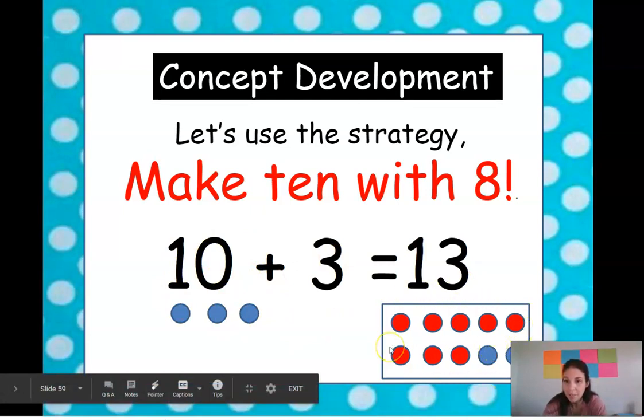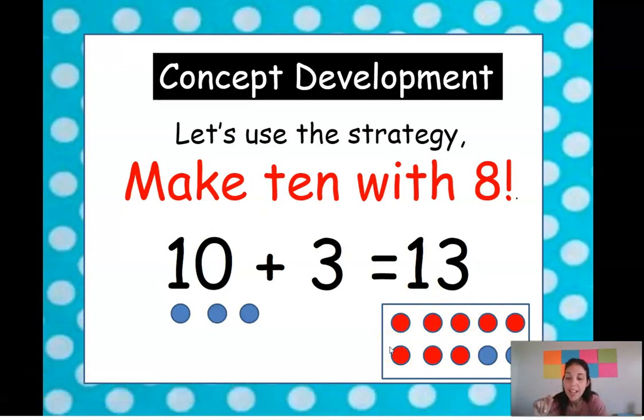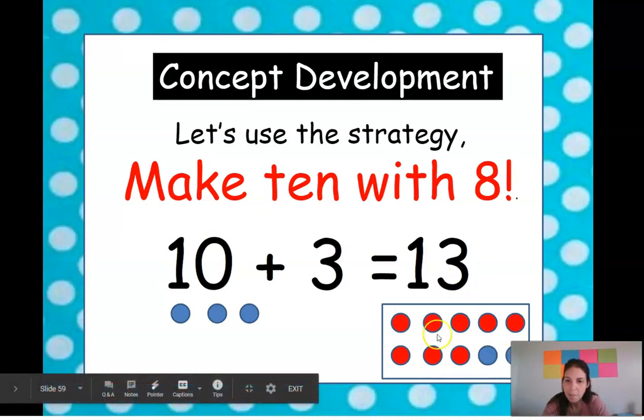And this is a 10 frame. Everyone say that with me. 10 frame. One more time. 10 frame. Very good. So this is a 10 frame because there are 10 in a frame. Okay. And now how many are left? 1, 2, 3.